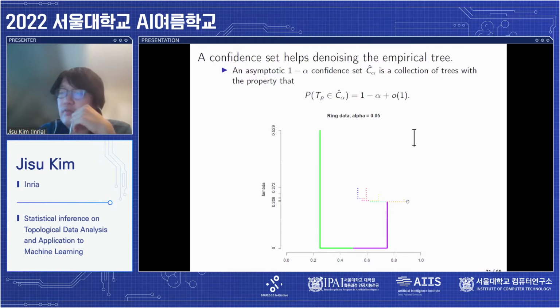And then what you'll be interested in is differentiating this kind of leaves that possibly come from noise versus this kind of structures that really lie in the underlying density function. How you do that is by using the confidence set.